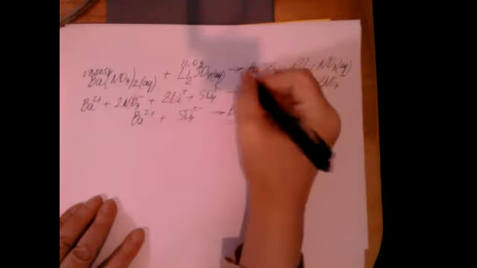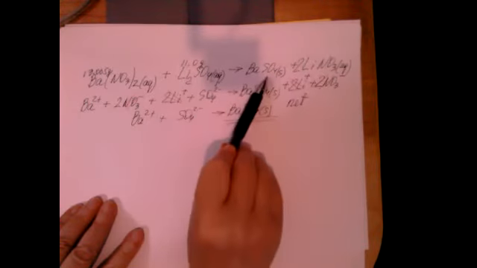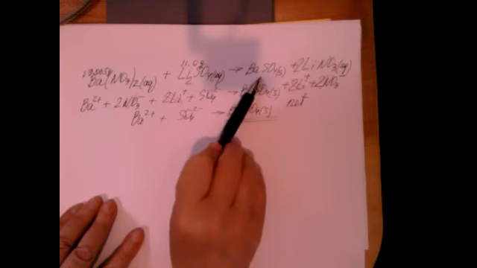So reaction is balanced. It is 1:1 mole-to-mole ratio. We need mass of precipitate. So we need molar masses of these three compounds: barium nitrate, lithium sulfate, and barium sulfate. Because barium sulfate solid is our precipitate.